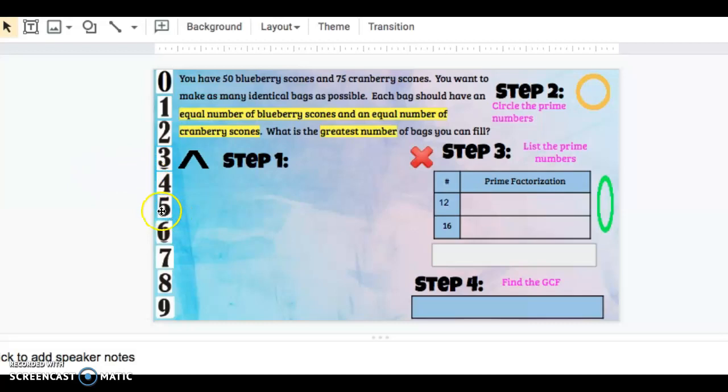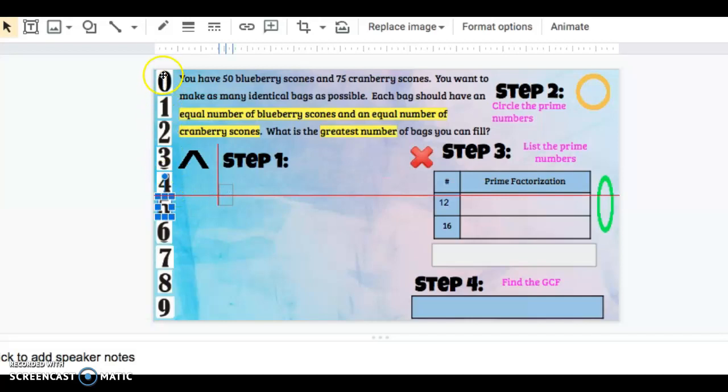So I'm going to start off with 50. So I have 50, and then I'm going to break it up.